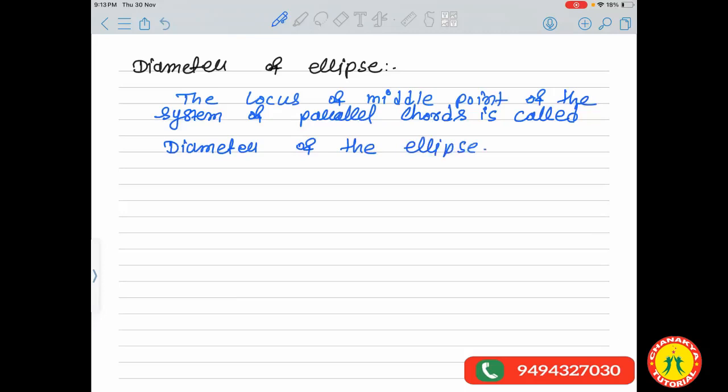The locus of the middle point of the system of parallel chords is called the diameter of the ellipse.